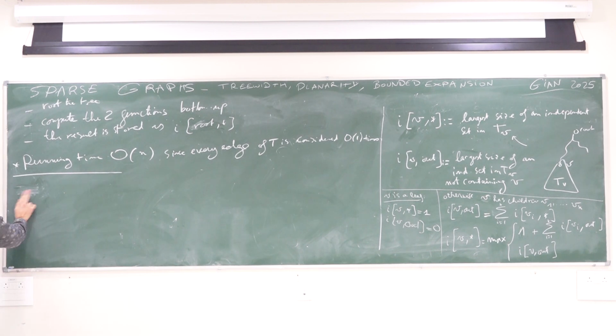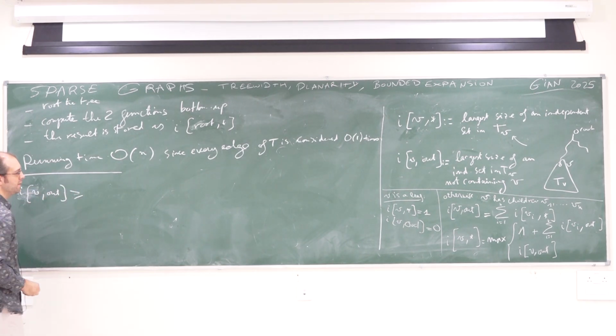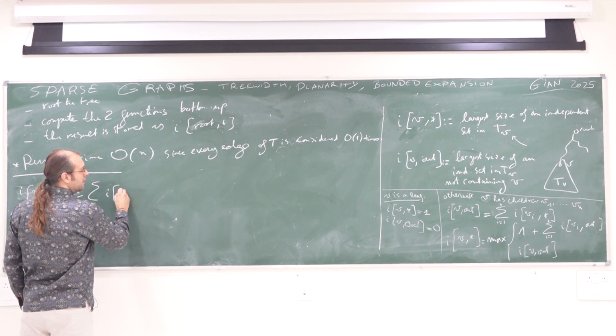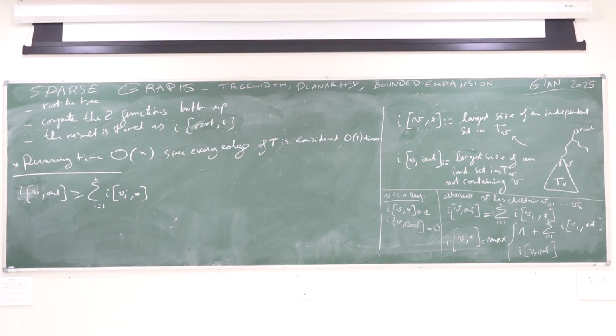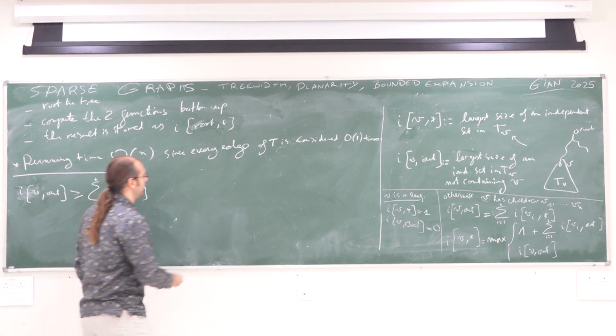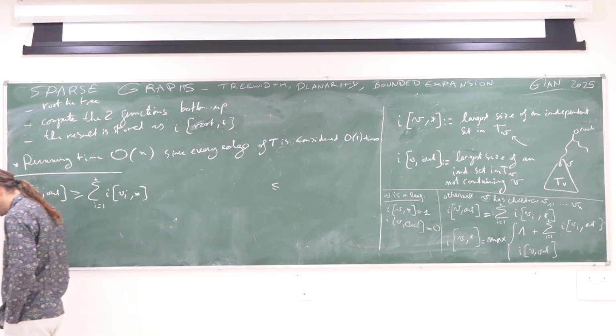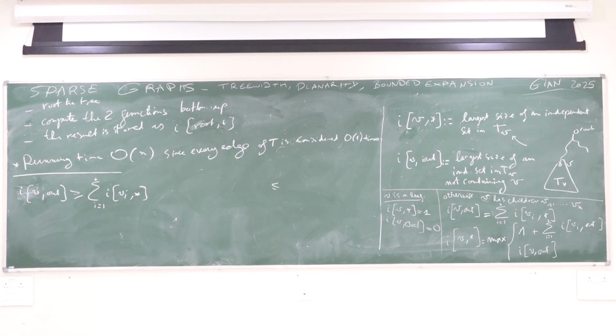Let's take one of them. I want to prove this is at least the sum. And then the second thing is at most. What does it mean conceptually if you want to prove this? We are trying to maximize our independent set, so this is a lower bound. What we want to show is that our optimum size of an independent set, where V is not in, is at least this.